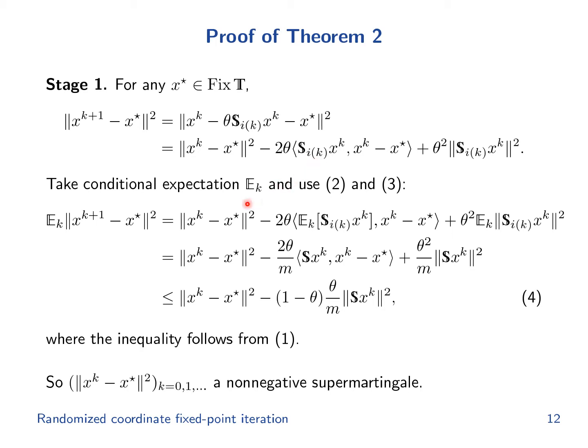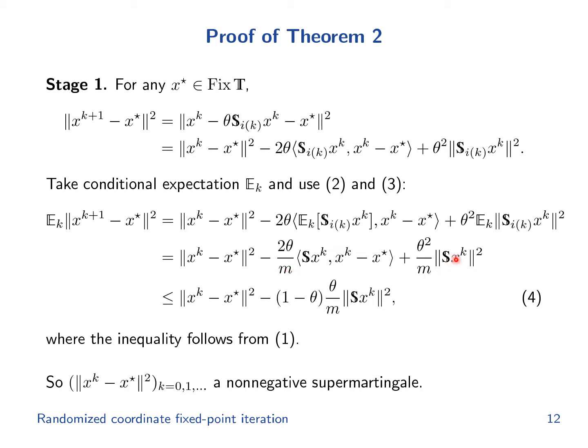Then let's take the conditional expectation over ik. The right-hand side has a term that is independent of ik, and 2 terms that depend on ik.